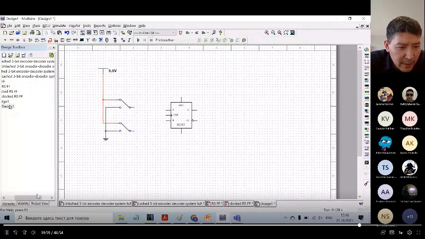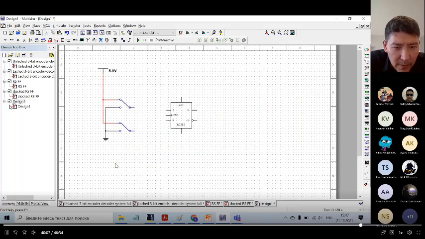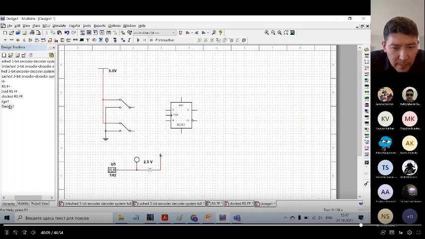So what else do I need? I think I need a clock. I need a clock. And I will connect. So for a while, forget about set and reset. They are just additional inputs.